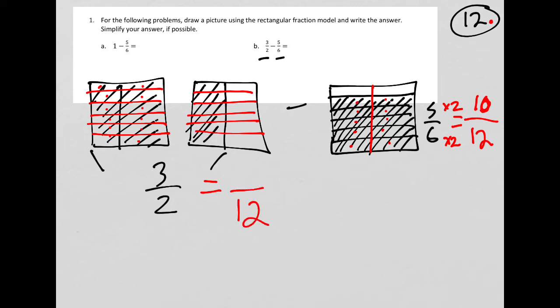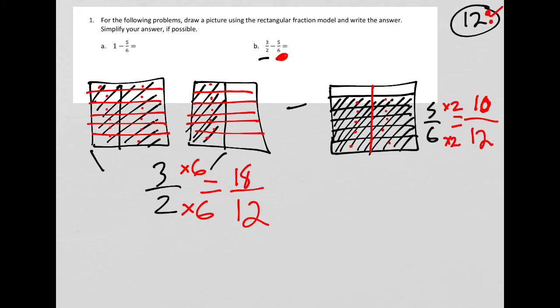So my denominator is 12, but I have more than 12 pieces. I have 13, 14, 15, 16, 17, 18 pieces. So all I did was I times by 6 and I times by 6, which remember is the other number's denominator. So I think my prediction is right.